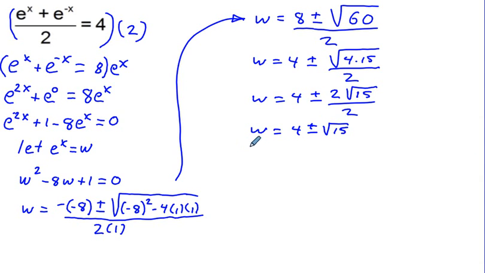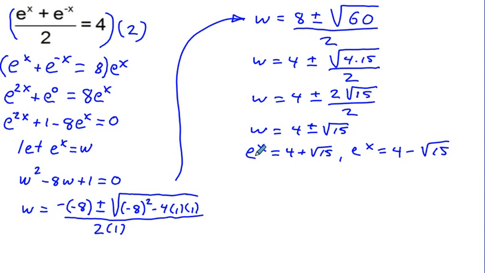And now we know that e to the x equals w, which was our original substitution. So we're going to write e to the x equals 4 plus square root of 15, and also we have e to the x equals 4 minus square root of 15. And now we can make of this a logarithmic equation.